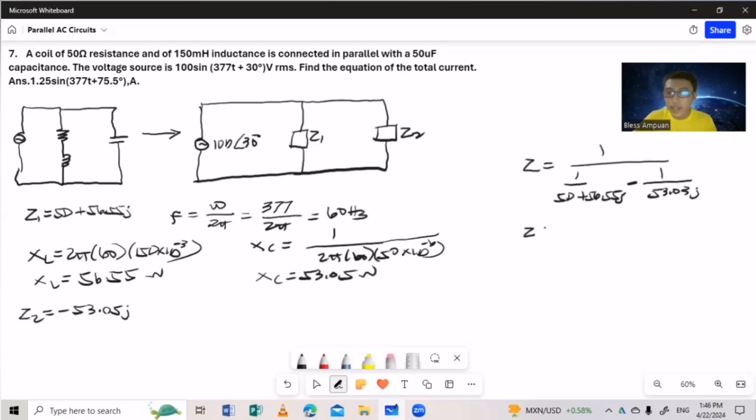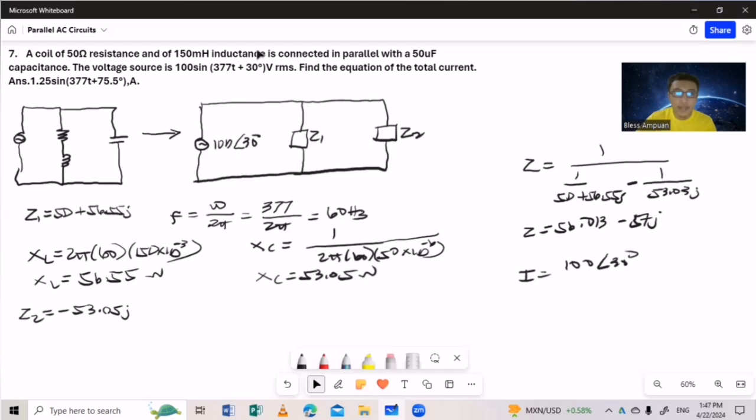So our total impedance is equal to 56.013 minus J57.